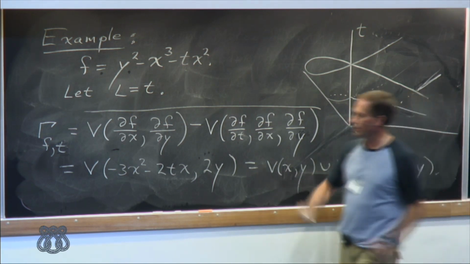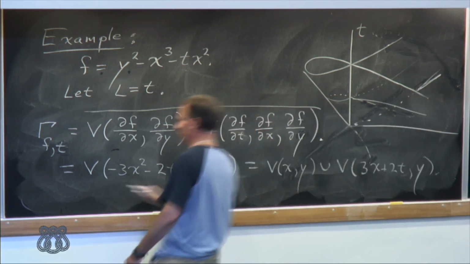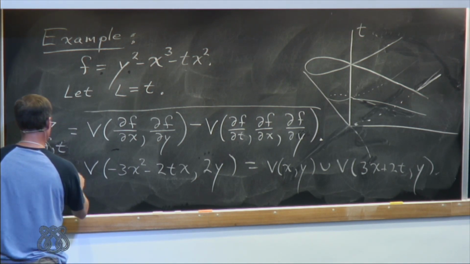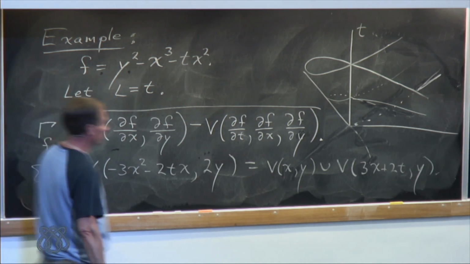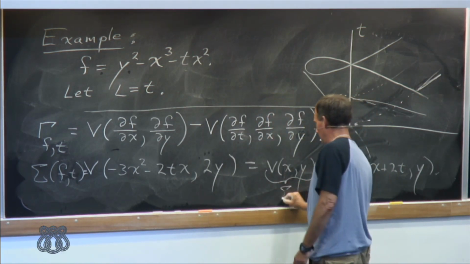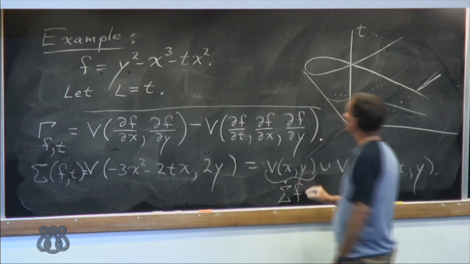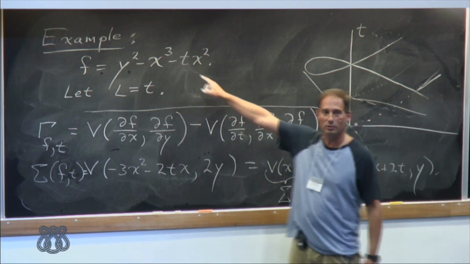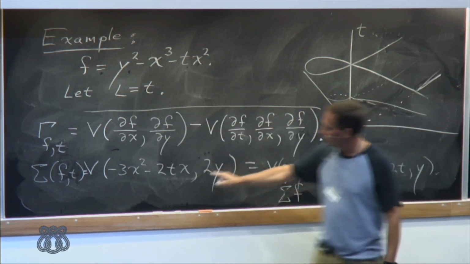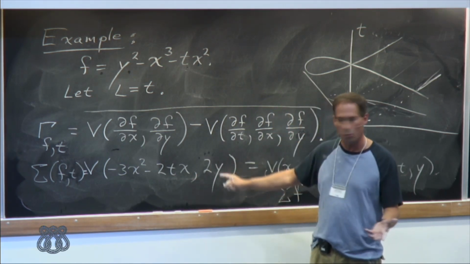So, all right, the critical locus of ft is this. But the critical locus of f is this part. Right? Because if you throw in the partial derivative with respect to t, that would require x to be 0. Once x is 0, you need y to be 0.